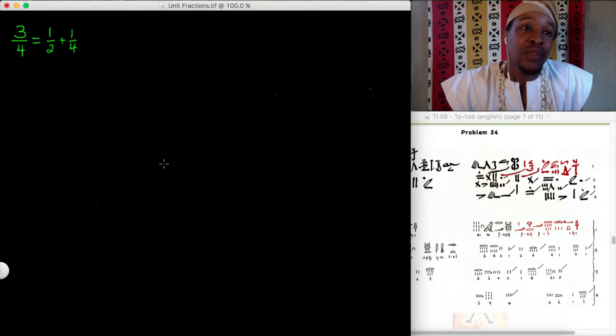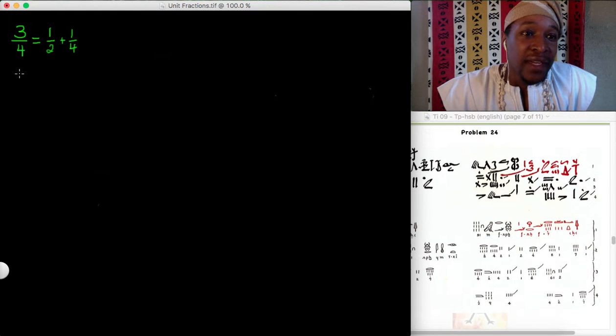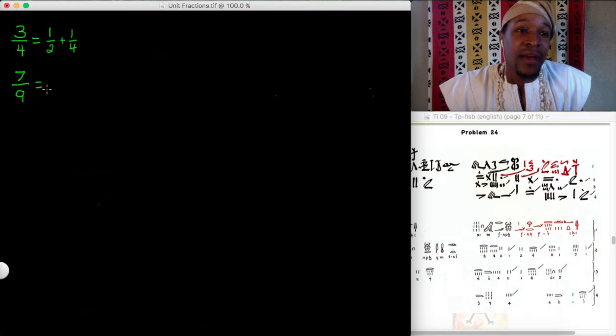So 1/2 plus 1/4. So how do we find a unit fraction if we have a non-unit fraction, such as 7/9? Well, first thing we think about is what is the largest unit fraction that can go into it? 7/9 here is close to 1, so we can see that it's larger than 1/2. So we know it's going to be 1/2 plus something. To find that something, we just start with some subtraction.